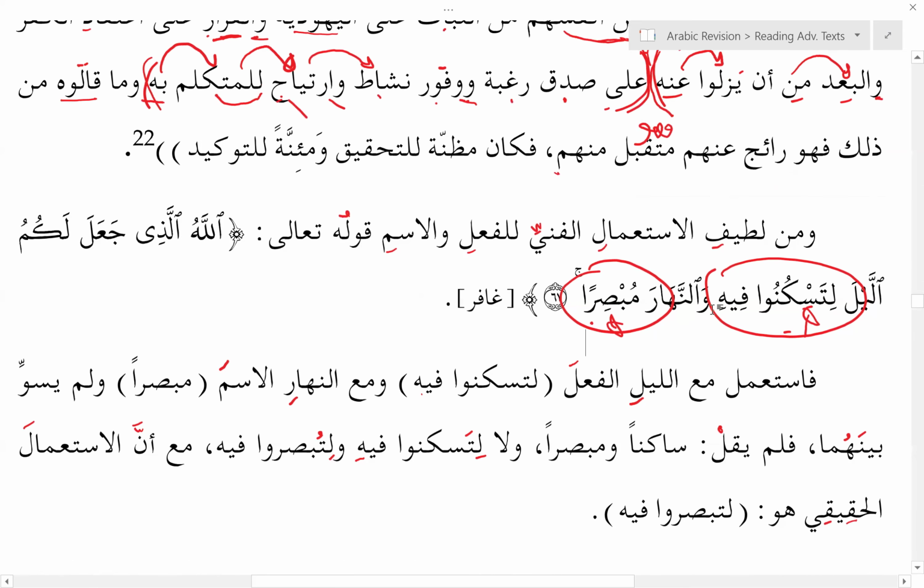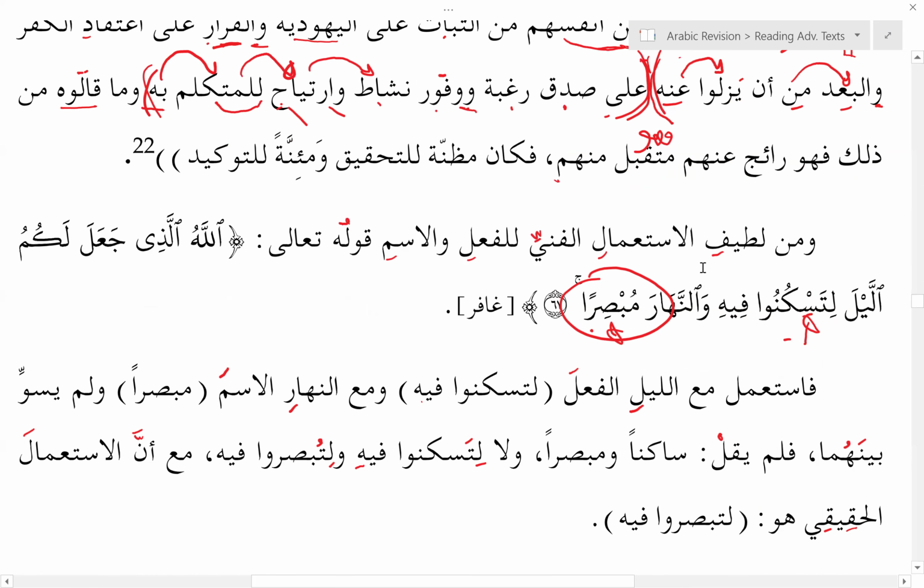So maybe we can break down the i'rab of this. Sister Lam, one second. Yes. Can you please say again, مع أن الاستعمال الحقيقي هو? What did you say about this?